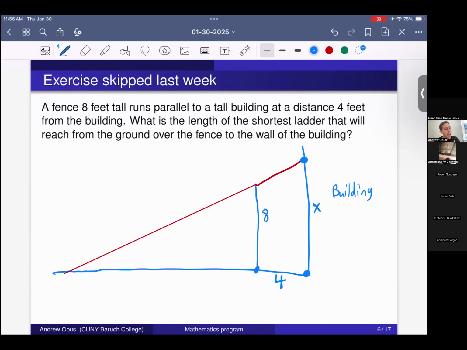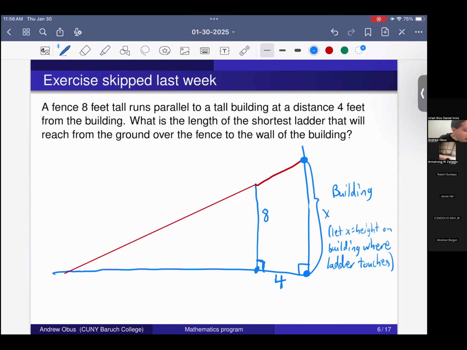Okay, we're going to let this be X. So if we call this X, we let X equal the height on the building where the ladder touches. That doesn't mean it's the height of the building. It's just how high on the building the ladder touches, right? And we're assuming these buildings are straight and the fence is straight. Everything's a right angle here, okay?